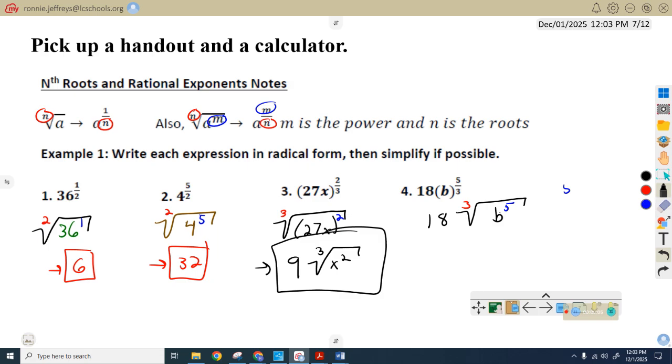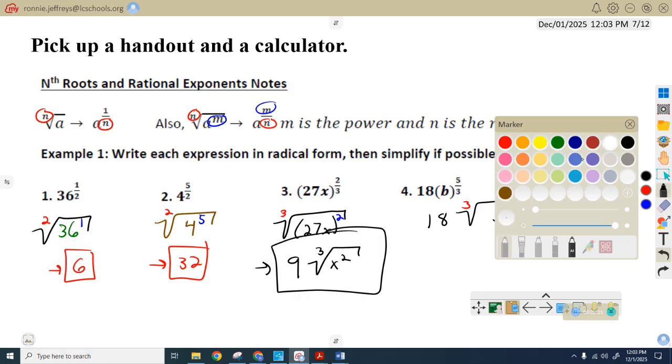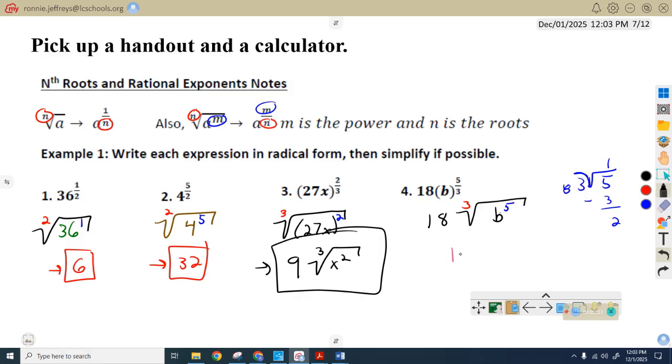How many times will 3 go into 5? 1 time with a remainder of 2. So watch this. That means in our final answer, we get to take out 1 b, and guess what stays back inside? 2.